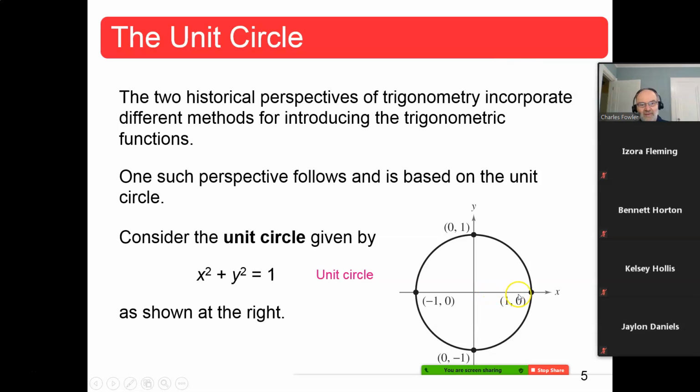So this point out here is at (1, 0). This one up here at (0, 1). This one over here at (-1, 0). Down here is (0, -1). Everywhere on this circle, this is true: x squared plus y squared is equal to 1. That's the equation of a circle centered at the origin with radius 1. That's it. That's your unit circle.